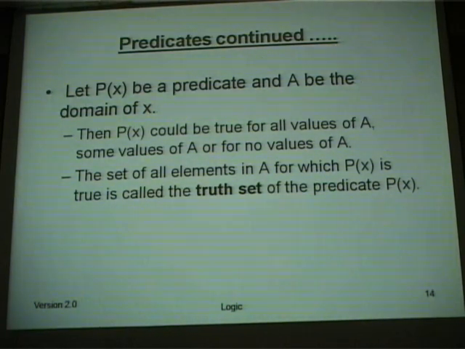Right. Now let me take the common predicate. Let P(x) be any predicate. The P(x) can be x squared equals 1, or in normal English use, it can be something else.